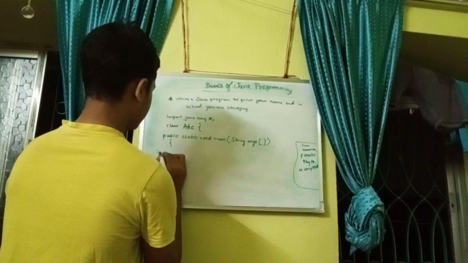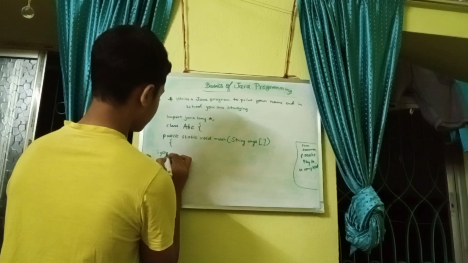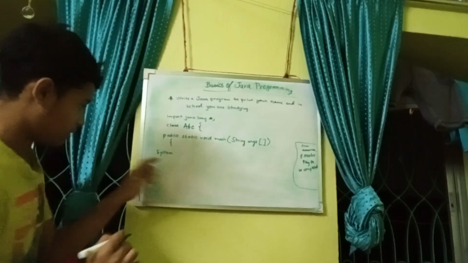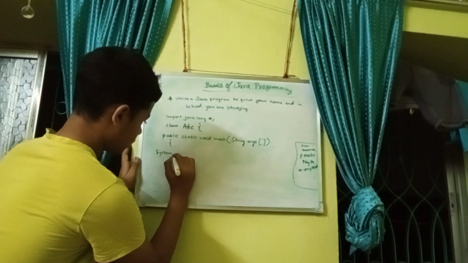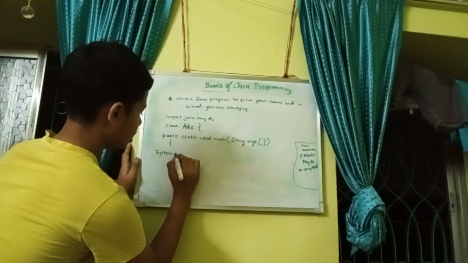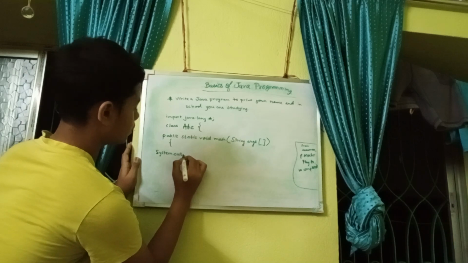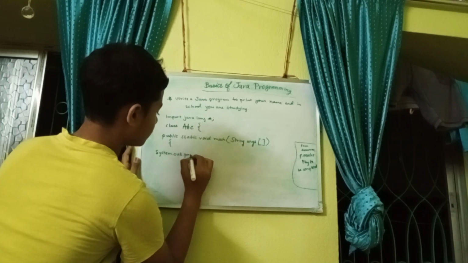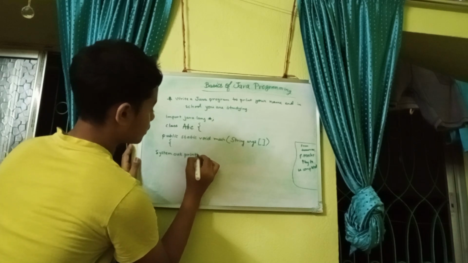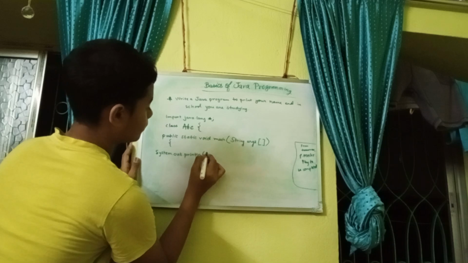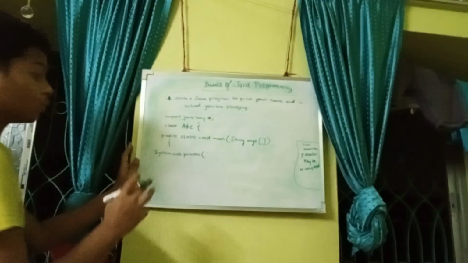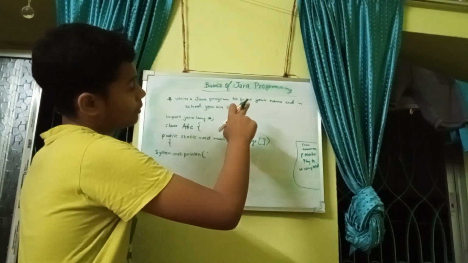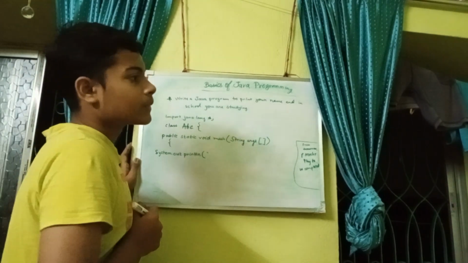For printing your name in Java, first you have to write System, then a dot, then out, then a dot, then println, with double quotes open, and print your name.